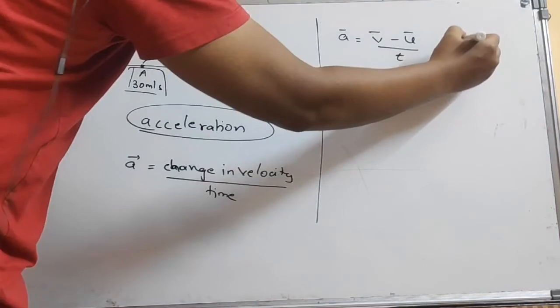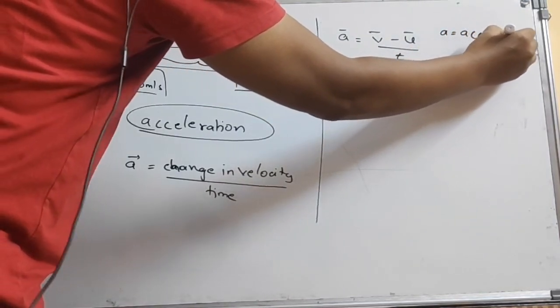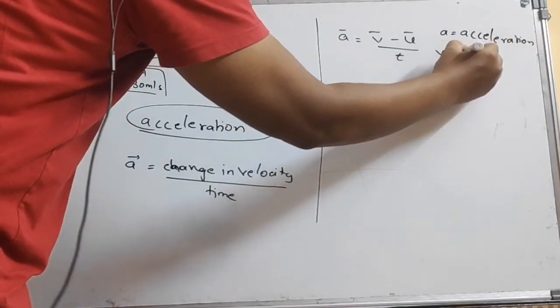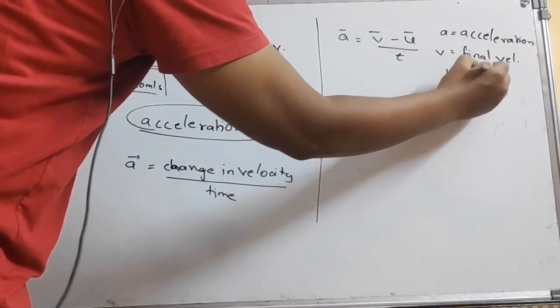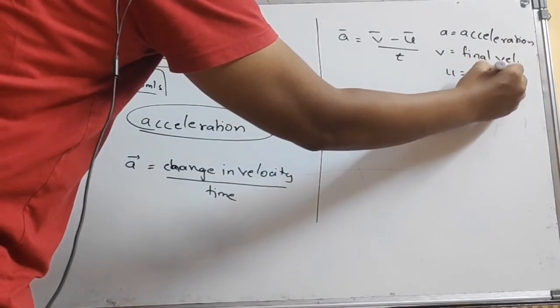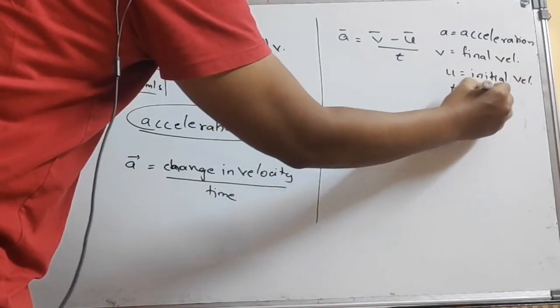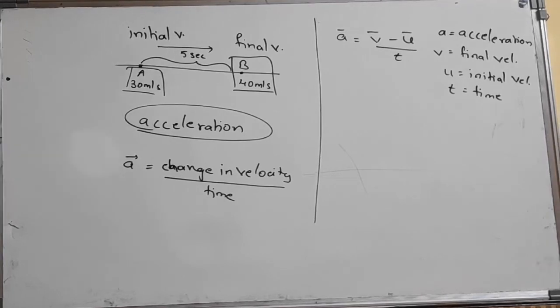Over here, A means acceleration, V is the final velocity, U is the initial velocity, and T is the time taken for that change in velocity. So acceleration is the change in velocity upon time.